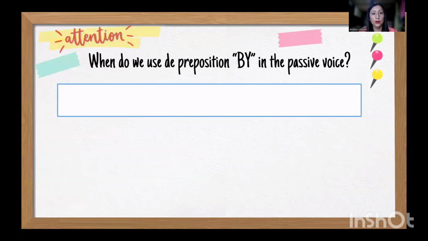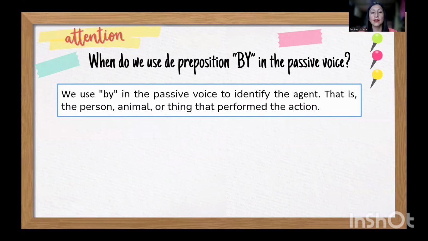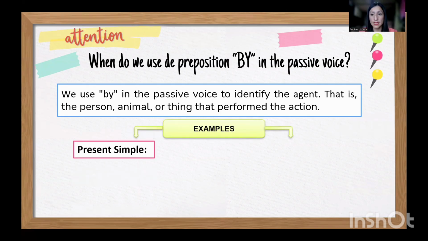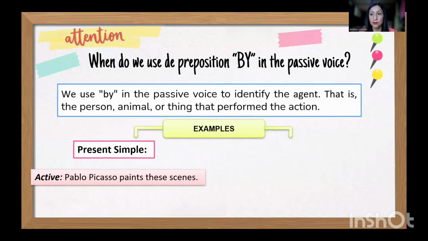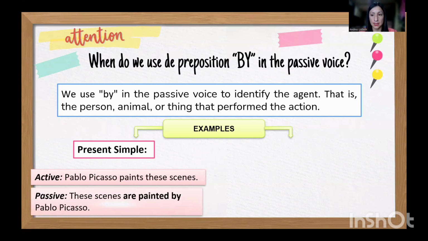So when do we use the preposition by in the passive voice? We use by in the passive voice to identify the agent, that is, the person, the animal, or thing that performed the action. We have some examples. In the present simple, the active voice is Pablo Picasso paints these things, but the passive of this sentence is these things are painted by Pablo Picasso.